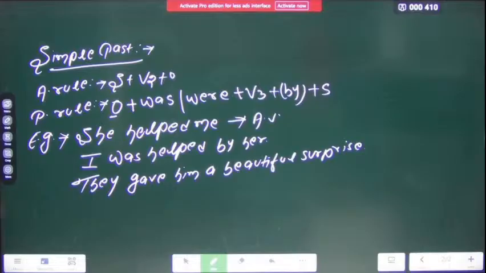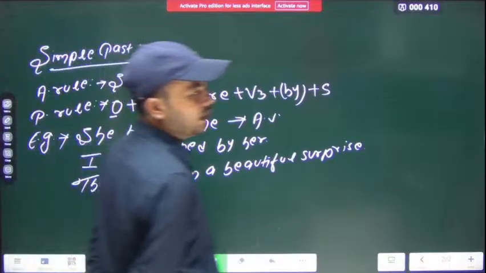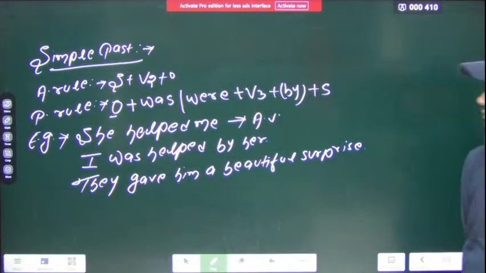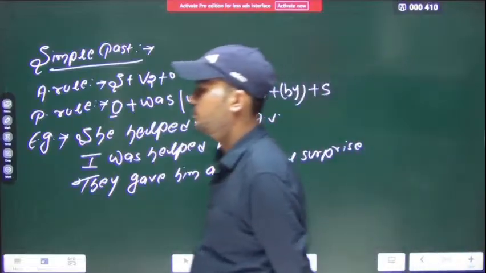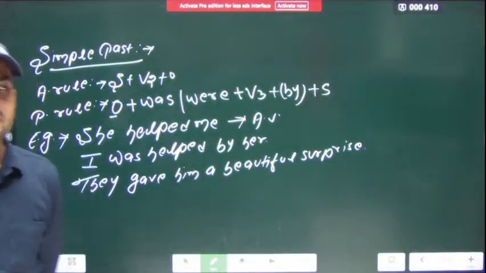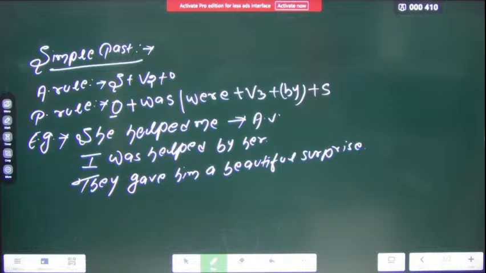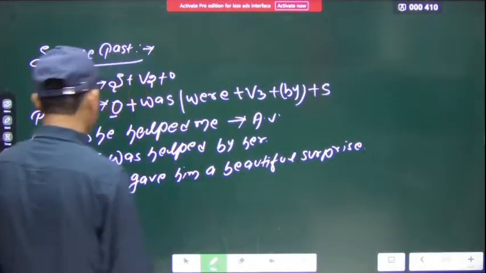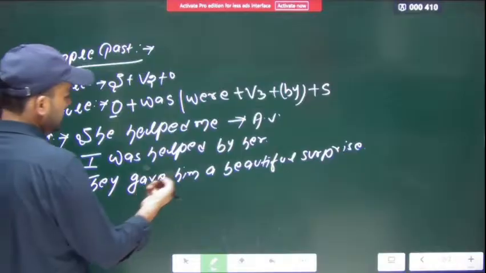Okay, they gave him a beautiful surprise. Is there anyone who can make the passive of this sentence in the comment section? You can write in the comment section if you know. See, if I make the passive here, then what do I need to take first? First of all, I will take the object. Now, what is the object here? A beautiful surprise. Okay, they is a subject, gave is a verb, him is an object.